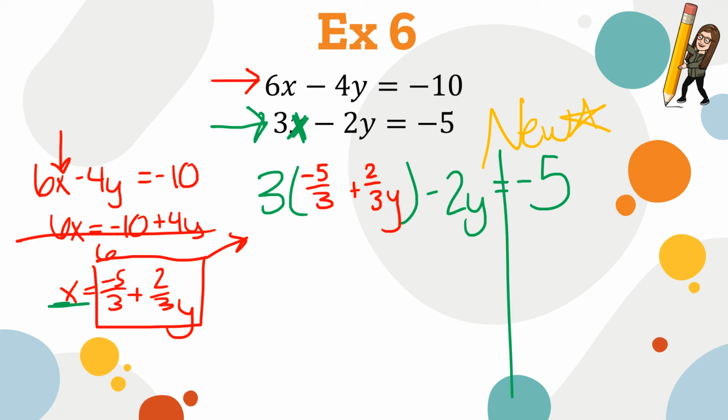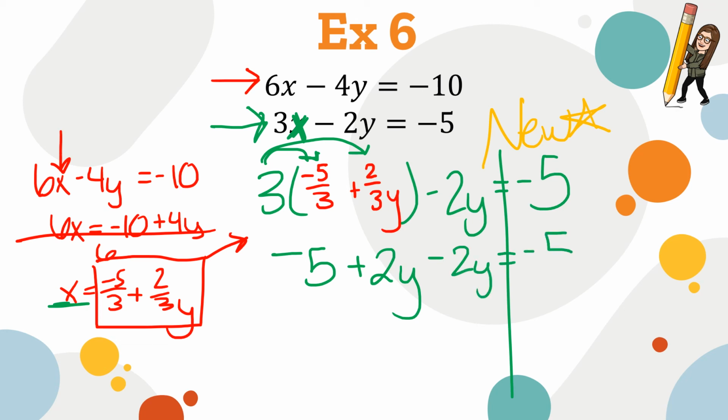Let's solve our equation. First step is distribution. Look at what happens, you guys. 3 times -5/3. The 3's go away. And if you're not sure, you're welcome to use a calculator. 3 times 2/3 is just 2. So even though you might end up with crazy fractions, they might go away.